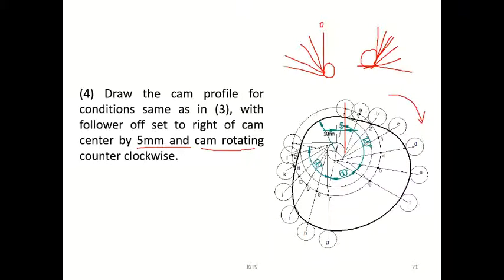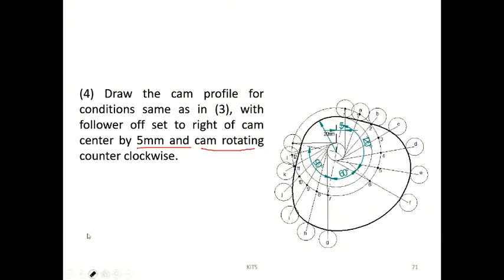First, keep the protractor on this line. Let me show the line where you have to keep the protractor. First, draw the vertical line on the right end here.